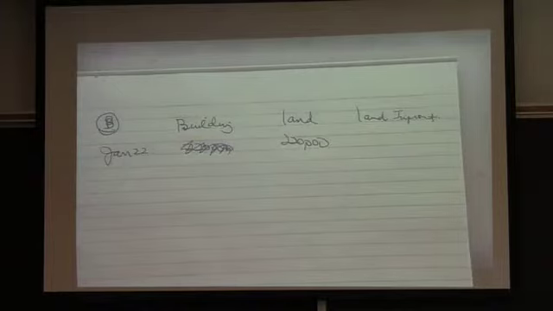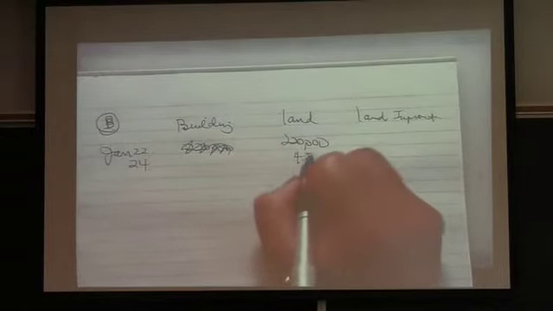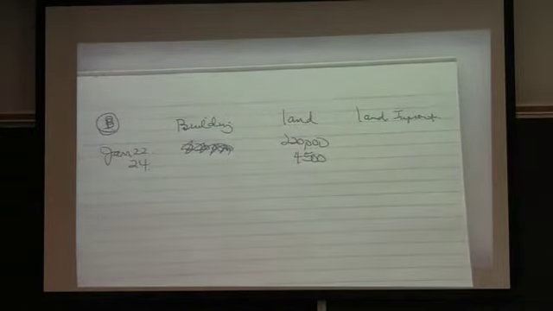So chances are what we paid for was all for land, and we placed zero value to the building. On the 24th, we added legal fees to the purchase, so that should be part of land.